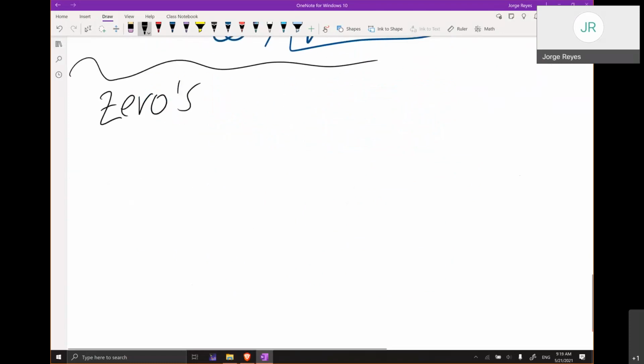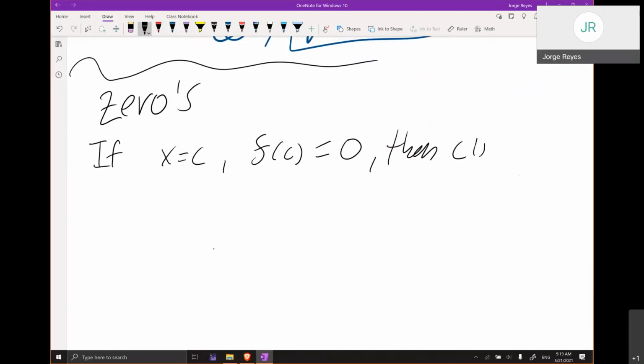So if x equals c, so if we have a number and we plug it in and we get 0, then c is a zero. A zero is just what we call numbers that when you plug them in, make the polynomial 0. We also call them roots, or I guess root, because singular, right? Roots, zeros, okay?